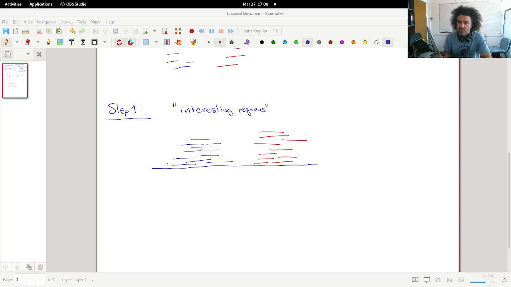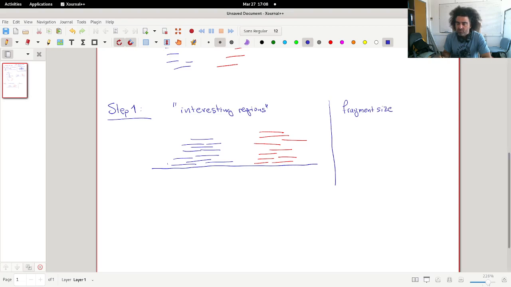So we know from the experiment that the fragment size that we expect to have, this is due to the truncation, is let's say something between 150 to 500 base pairs. Now let's just assume a value here.